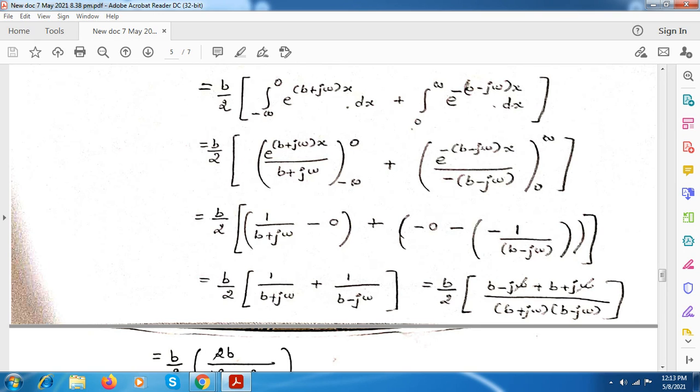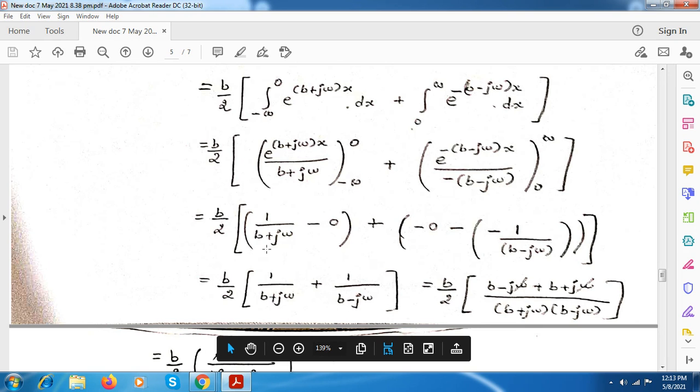If you put the lower limit as 0 here, you get 1. So here it will be minus 1 by b minus j omega. Here it is minus of minus, so it will be plus. If you write this with b by 2, 1 divided by b plus j omega, here it will be plus 1 by b minus j omega.